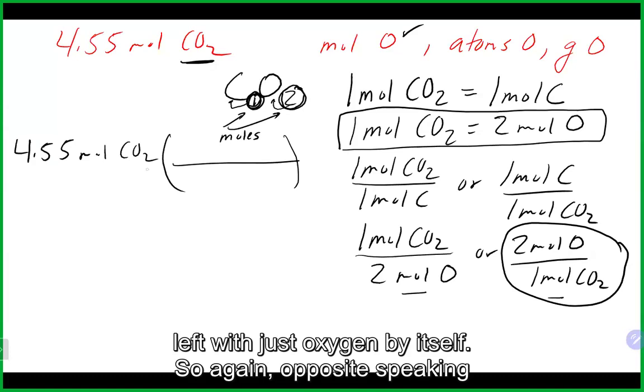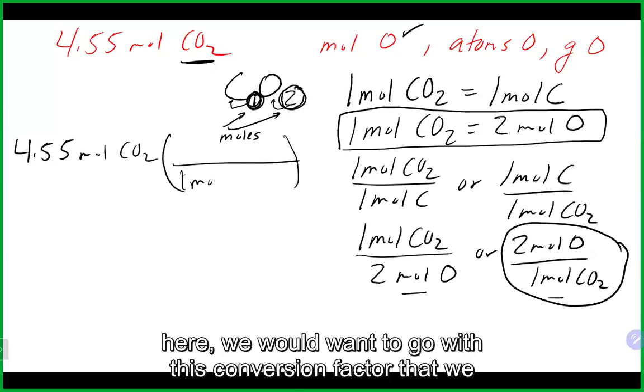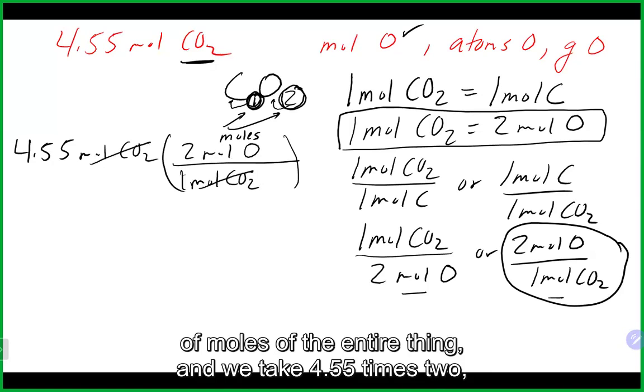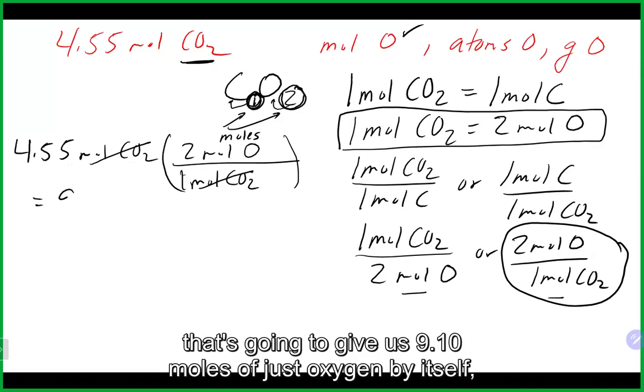So again, opposite speaking here, we would want to go with this conversion factor that we actually got from the chemical formula itself. That will get rid of moles of the entire thing. And we take 4.55 times 2. That's going to give us 9.10 moles of just oxygen by itself, right?